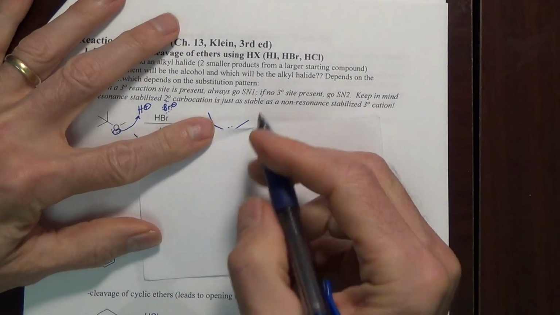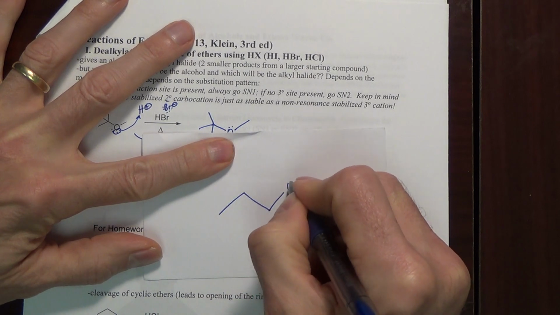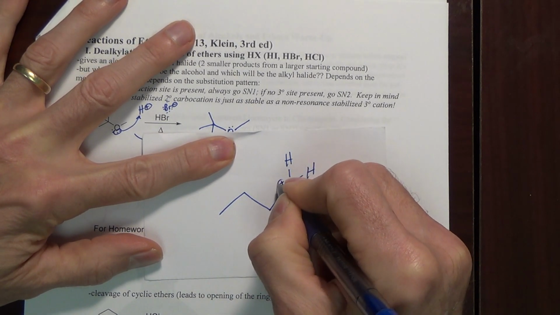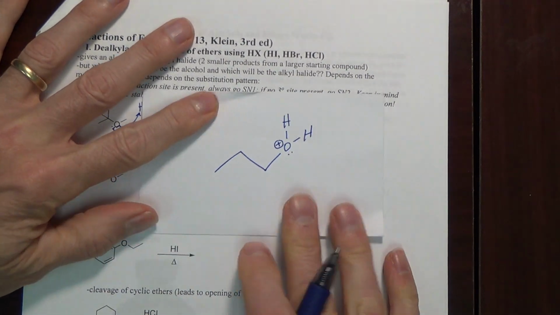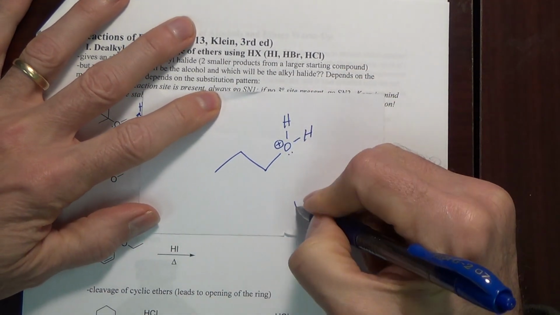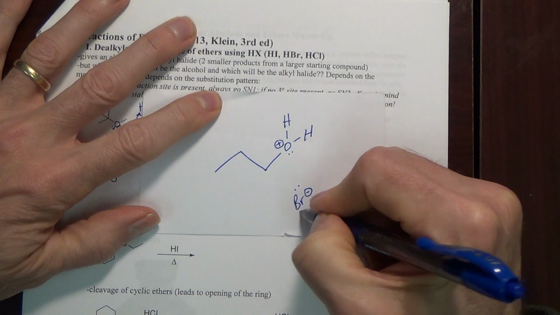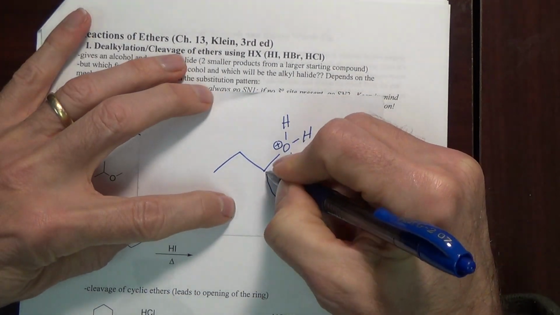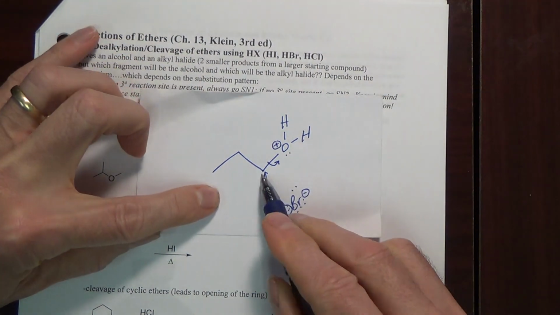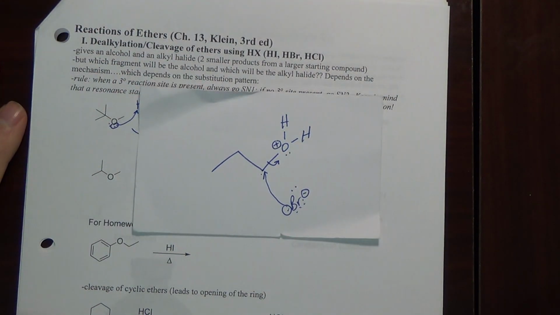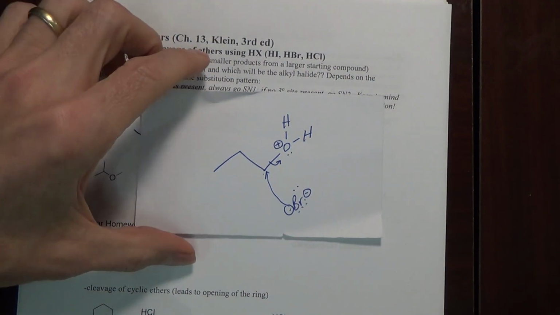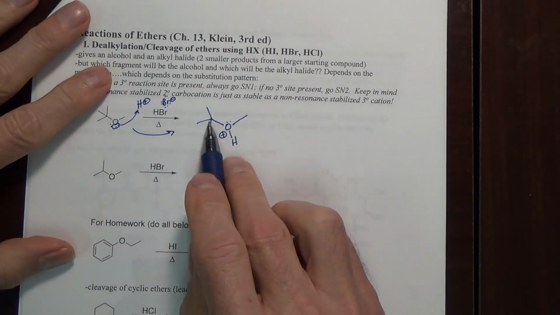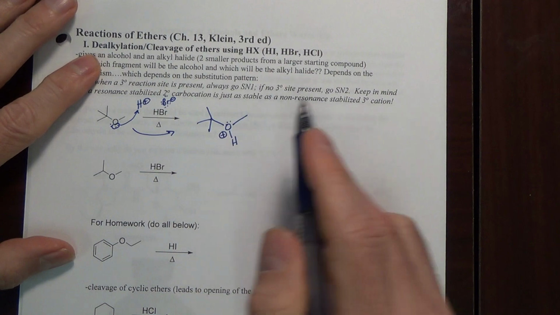If we had only a protonated alcohol, there's only one place for the bromide to attack. It's only one carbon. You have to attack here and kick the leaving group off of that carbon. But when you protonate an ether, you have two different carbons you can attack and kick the oxygen off.